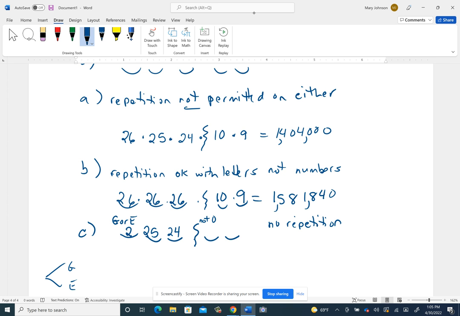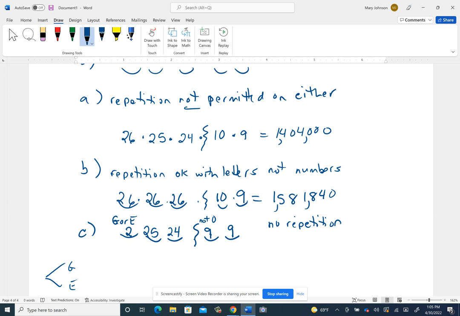Now you can't use a 0, so that would mean you only have 9 possibilities for the first number. And then whatever that first number is, you can't use that when you pick your next number. So you'd still have 9 possibilities, because there's actually 10 digits, you're just not using one of them.